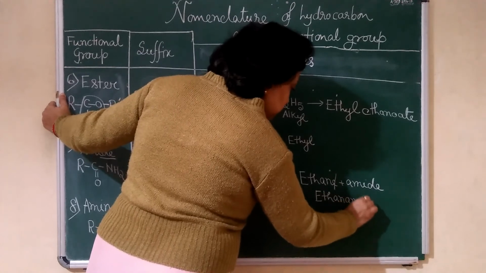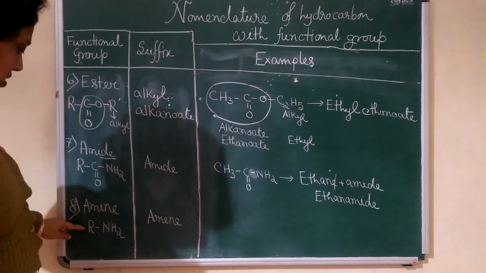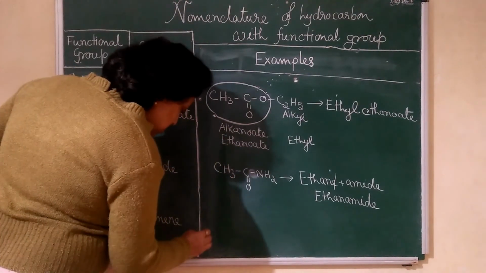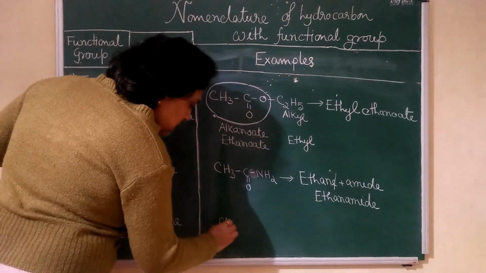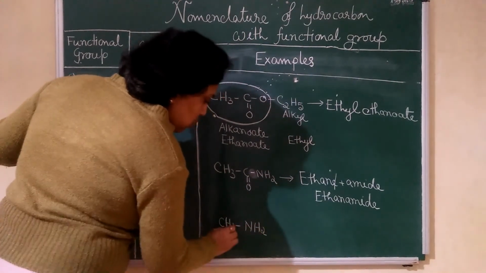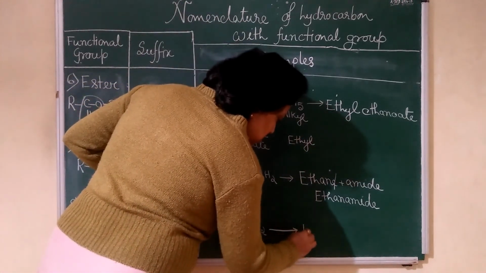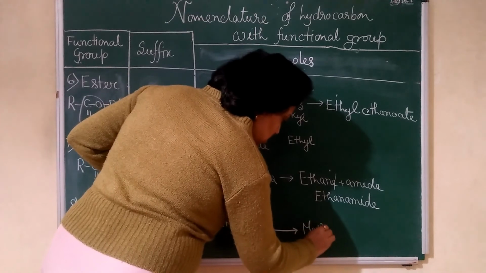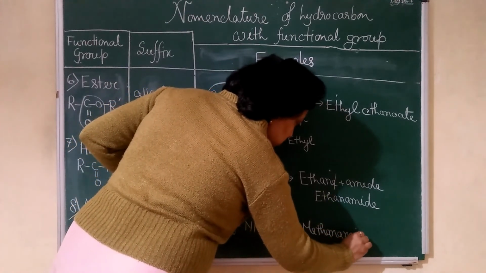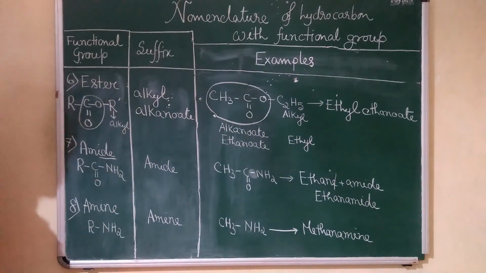Similarly, if it is 1 carbon, CH3NH2, 1 carbon means meth. Methane plus amine, methanamine.